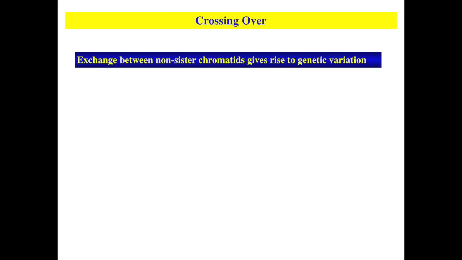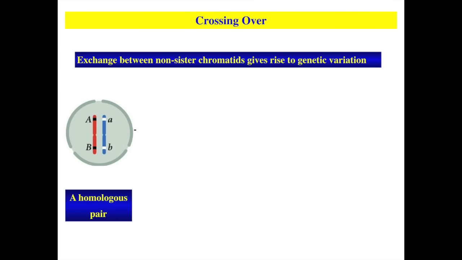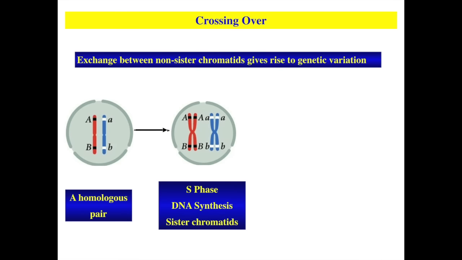Let's imagine crossing over takes place, and there is exchange between non-sister chromatids that gives rise to genetic variation. So let's review how that occurs. If you have a homologous pair of chromosomes, the red from the mother, the blue from the father, you go through the stages of meiosis, you get S phase, DNA synthesis, and you produce sister chromatids.